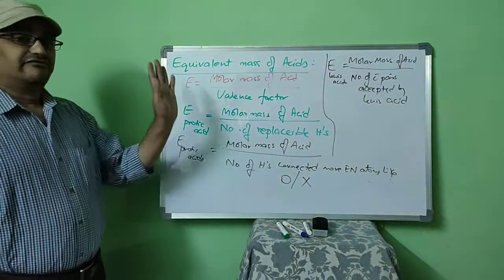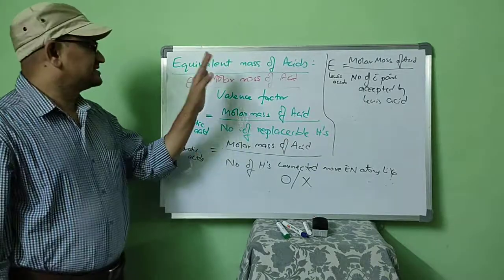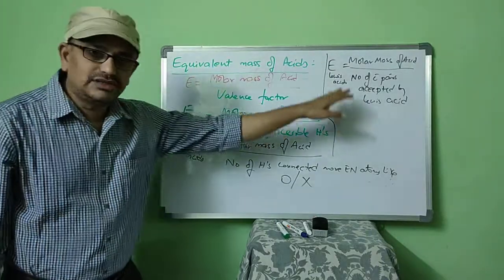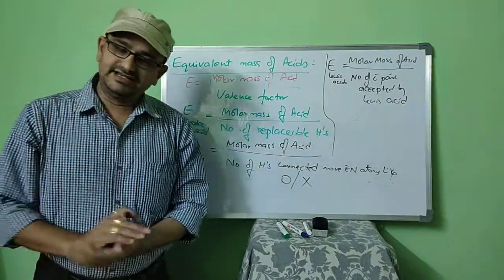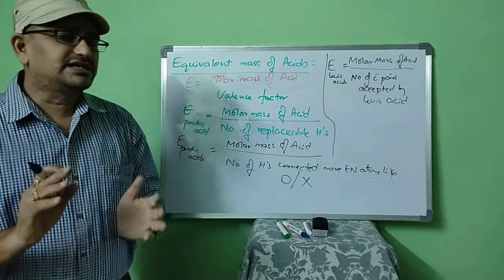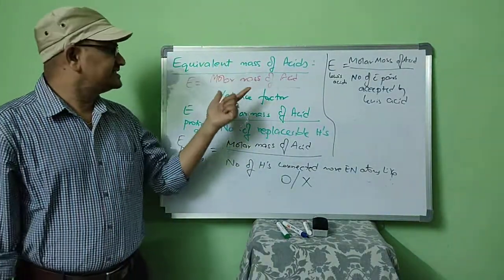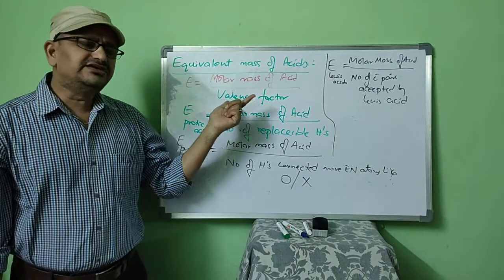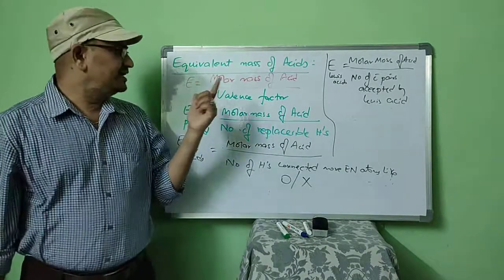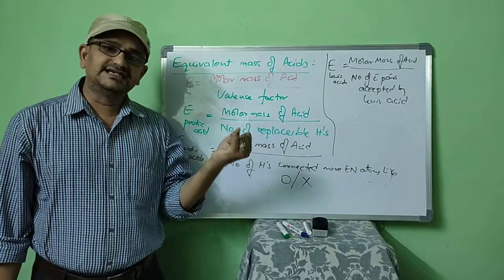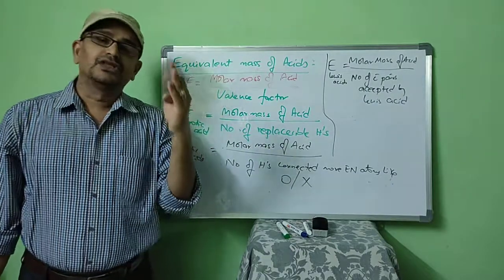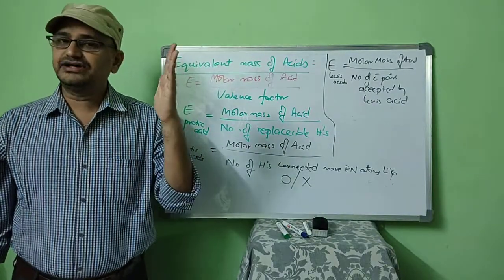Like this, while calculating the equivalent mass of acids, we have to consider all these factors. Once again, I am repeating, equivalent mass of acid can be calculated as molar mass of acid by its valency factor. Valency factor is a general word. We can use this valency factor for acids, bases, salts, oxidizing agents and also for reducing agents.